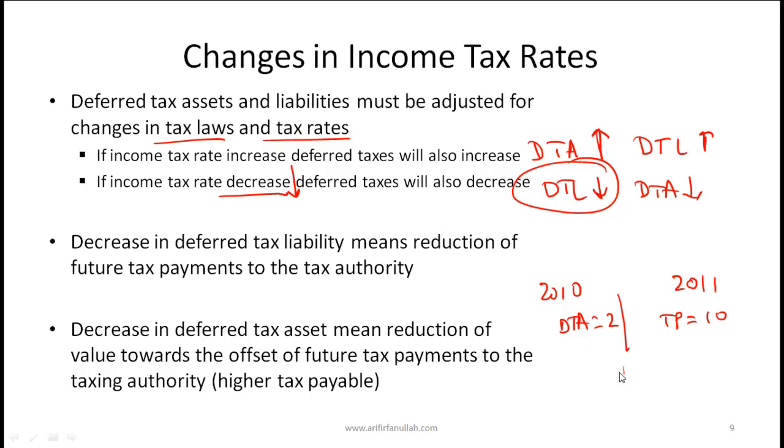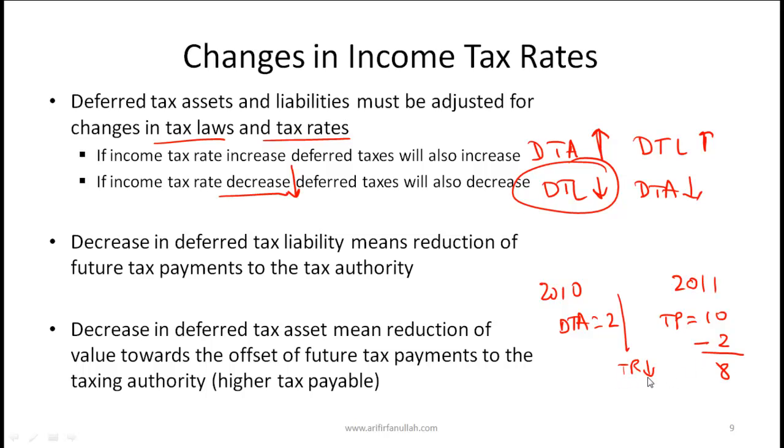Before the tax rate goes down, with this deferred tax asset of 2 and a tax payable of 10, what you were expecting to pay was 10 minus 2, which is 8.